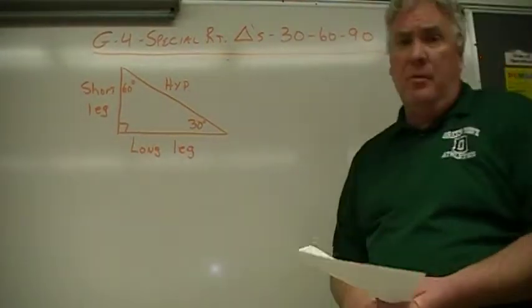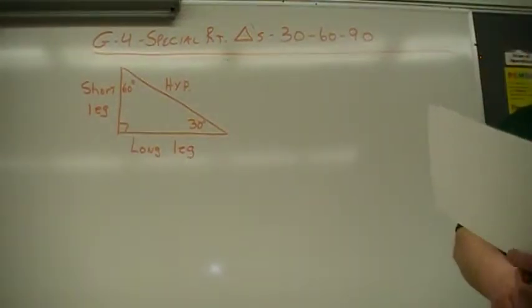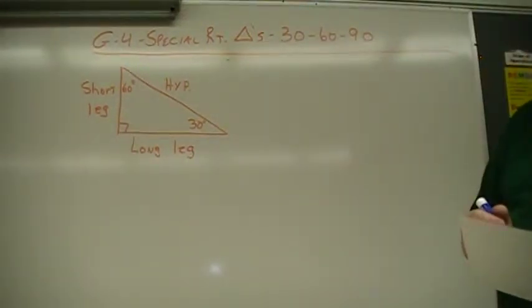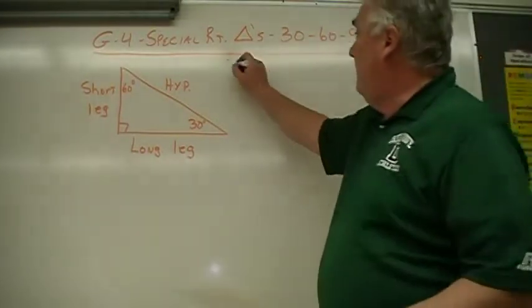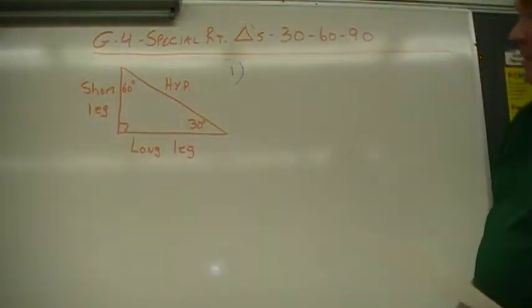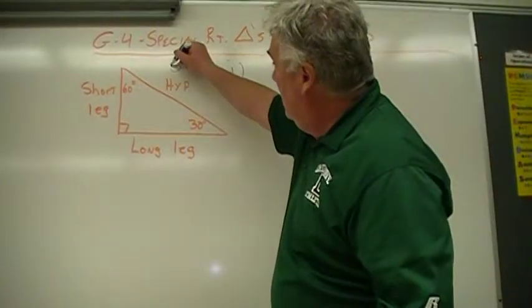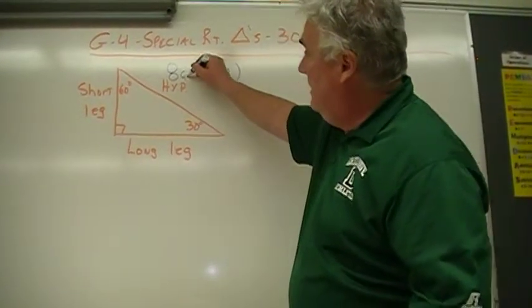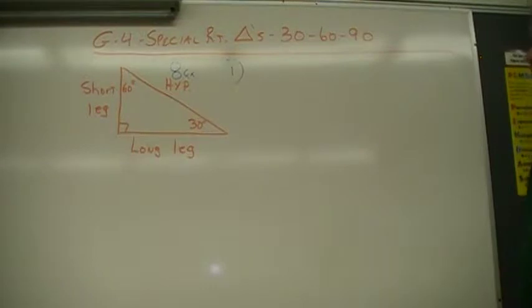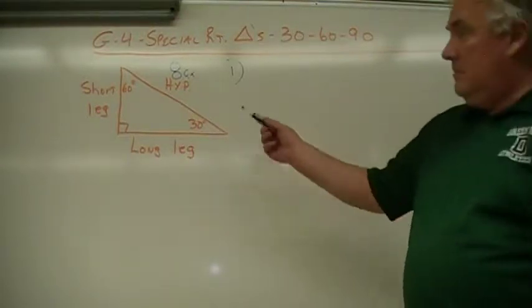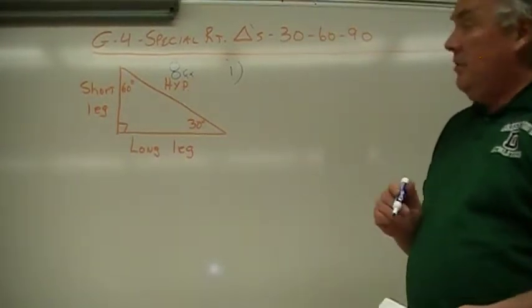So example number 1, as it says in the notes, what to do when given the hypotenuse. So for example number 1, we're going to say that the hypotenuse is 8 feet. The hypotenuse is 8. So let's go to our rules.